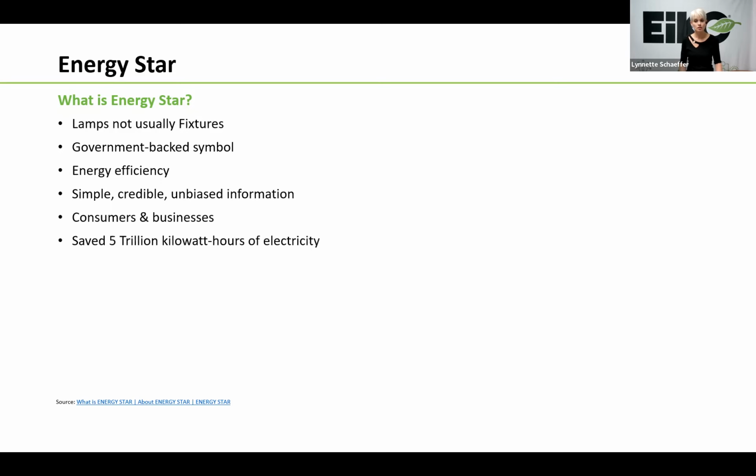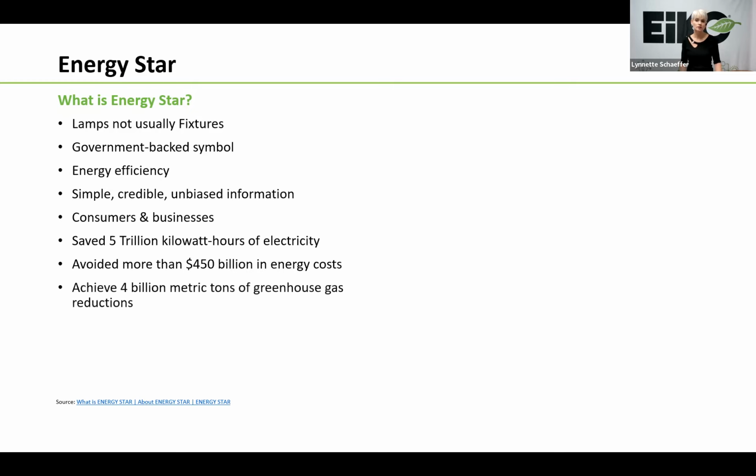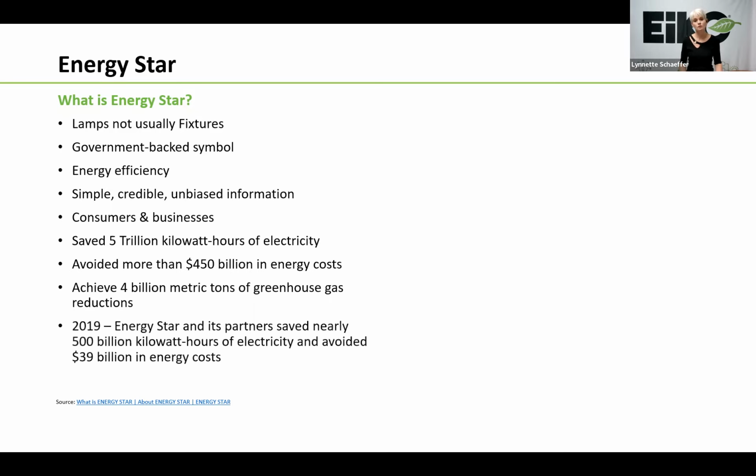Thousands of industrial, commercial, utility, state, and local organizations, including nearly 40% of Fortune 500 companies, partner with the U.S. Environmental Protection Agency, EPA, to deliver cost-saving energy efficiency solutions that protect the climate while improving air quality and also protect public health. As a matter of fact, since 1992, Energy Star and its partners have helped American families and businesses save 5 trillion kilowatt hours of electricity, which is very impressive.